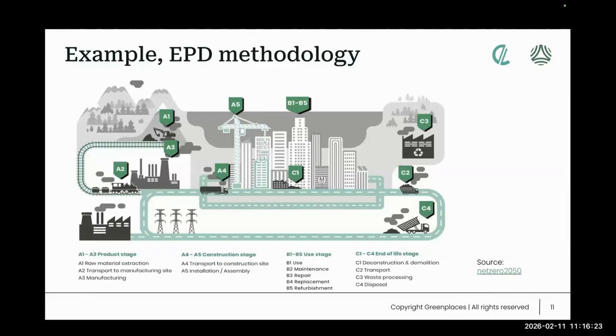And you go to your use phase and you're talking about what is the energy that you're consuming, down to your end of life stage. So this is just an example of how structured and detailed this methodology is, but at the root of it is the life cycle thinking approach.